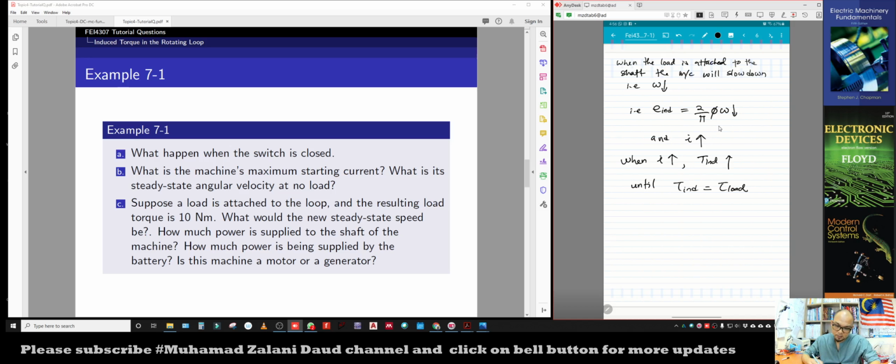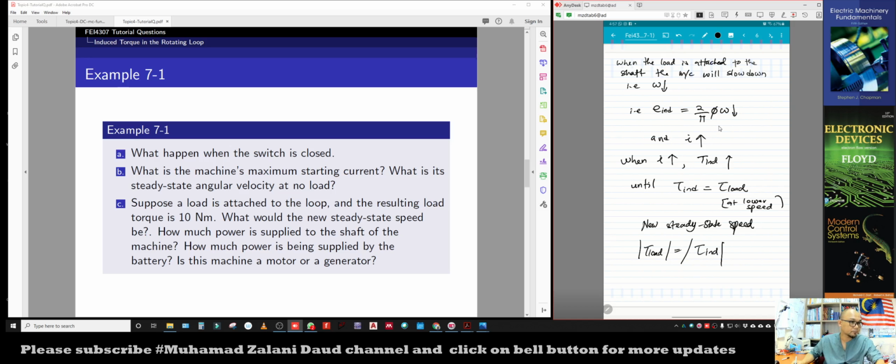Okay, then this tau load is at lower speed actually. So we can say that it achieved the new steady state speed, which is tau load equals tau induced.